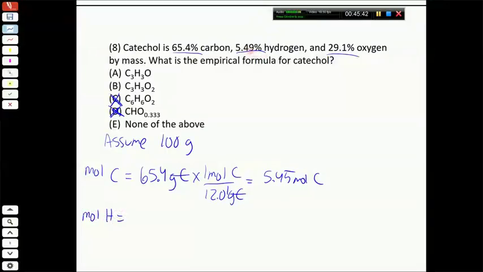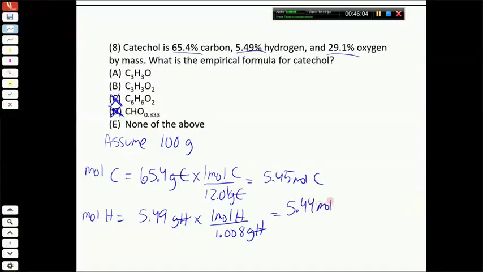The percent for hydrogen is 5.49, so this 100 gram sample has 5.49 grams of hydrogen. The atomic mass for hydrogen is just over 1.008. These are all from the periodic table. I don't want to spend time flipping back and forth again. And so we have a similar amount of hydrogen, almost identical, 5.44 moles.